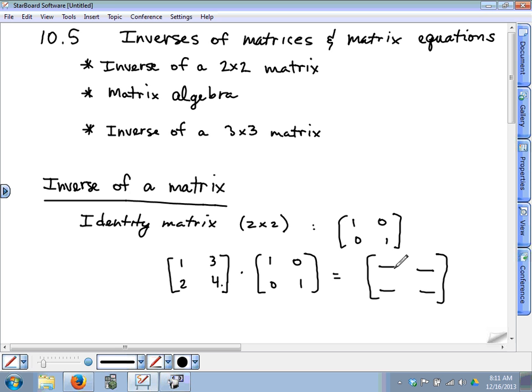This first entry in row 1, column 1, you take row 1 here and column 1 there. You go across the row, down the column. 1 times 1 is 1. You add that to the next product, which is 3 times what? Which is 0. Okay, now let's move down to the next. This is row 2, column 1.